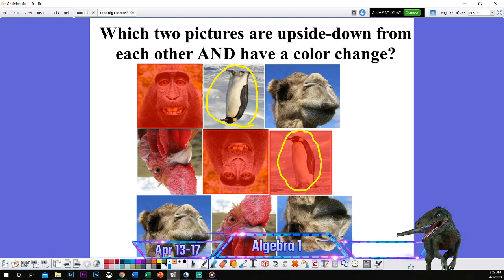Alright, kind of the same deal when we're doing these slopes. We're looking for two fractions that have been flipped upside down. So flip is step one. And then, instead of a color change, we're going to do a sign change.